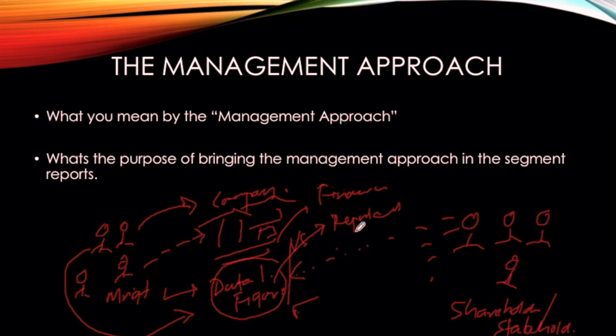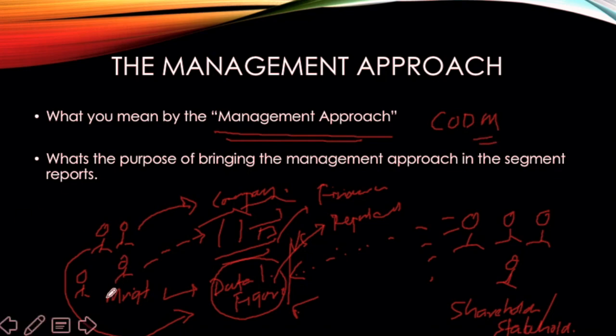That's why IFRS 8 has something called the management approach. You need to provide those figures. The measurement is based on the figures that are provided to the CODM. CODM means Chief Operating Decision Maker. So in our example, this is the management who take major decisions.